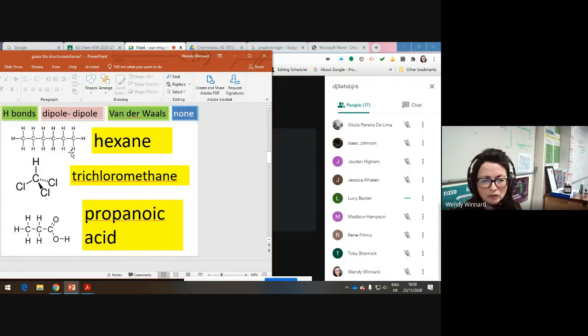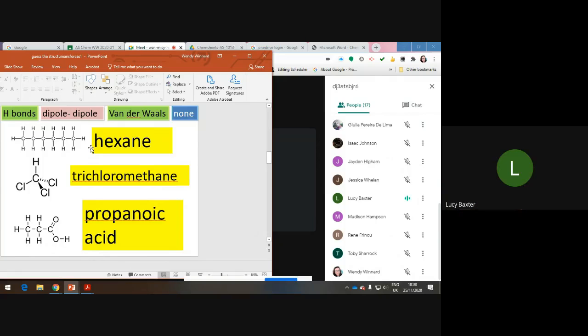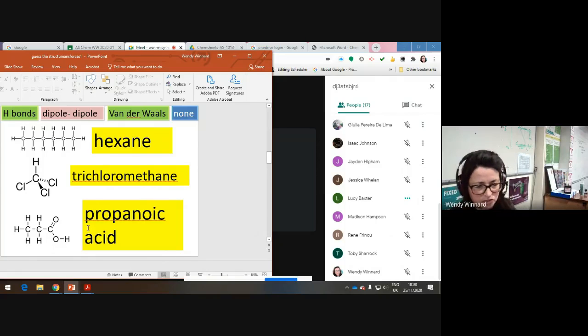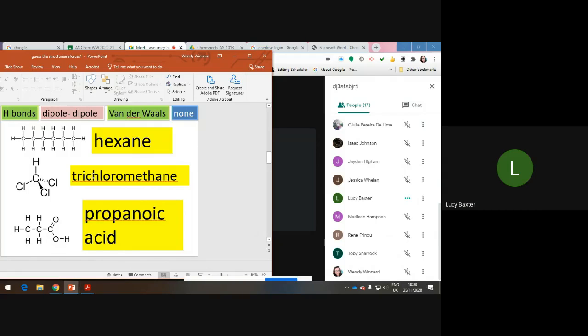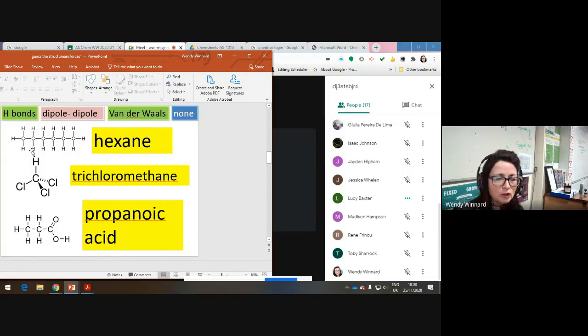What causes a molecule to have a dipole? Can you remember, Lucy? What has to be in the molecule to cause it to have a dipole? Is it oxygen? Could be oxygen, could be one of the atoms. What other atoms could cause it to be polar? Nitrogen or fluorine could cause the molecule to have a dipole because they're electronegative atoms and they will cause polar bonds.